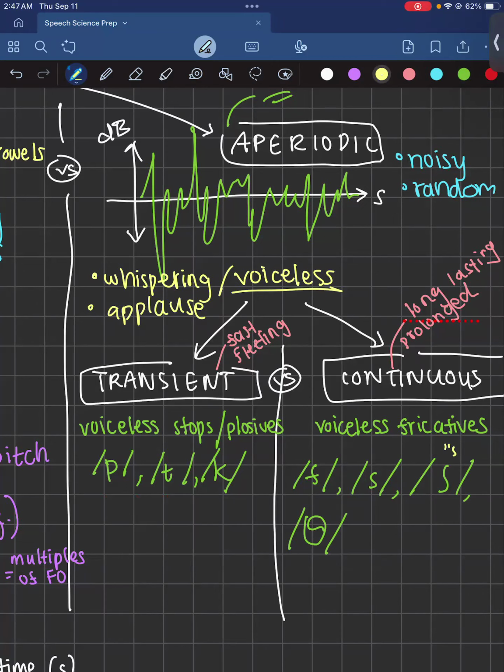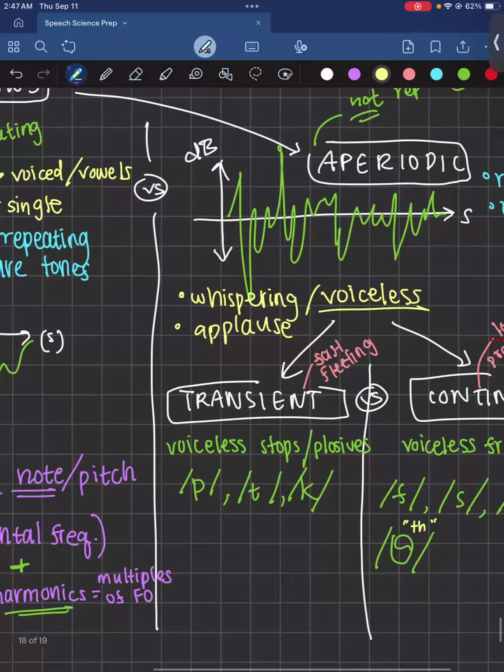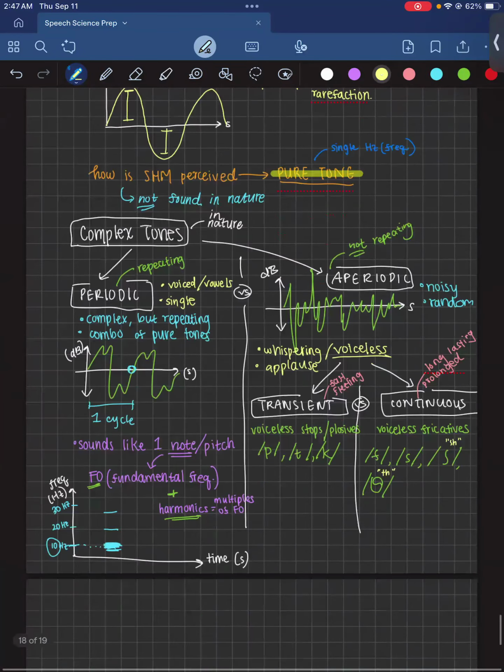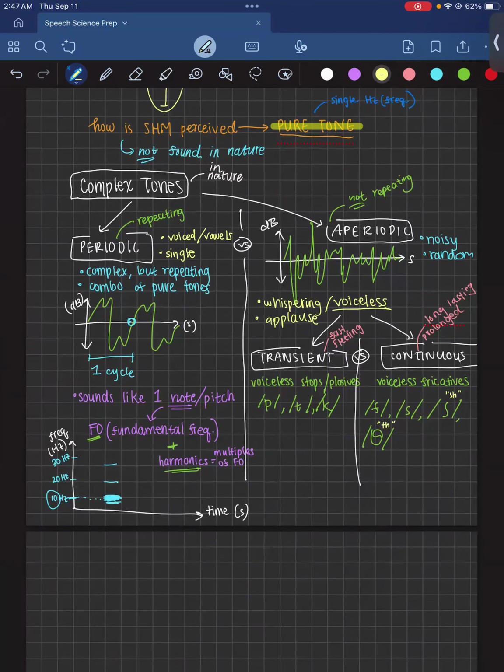And if you haven't learned IPA, I'm just going to jot down these little pronunciations. So fricative sounds, they last a long time. It is this continuous airflow that's going on to produce s, as opposed to p, t, k, which are very short sounds. So just note these differences. You should know the difference. So what is a pure tone versus a complex tone? What is periodic versus aperiodic? And what is transient versus continuous?